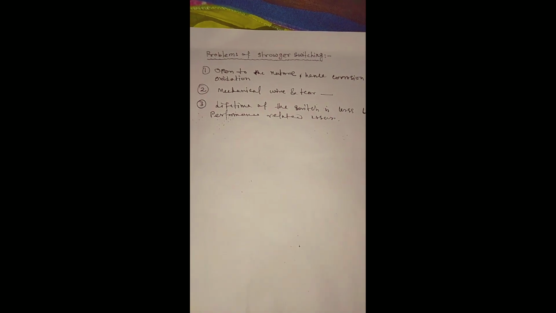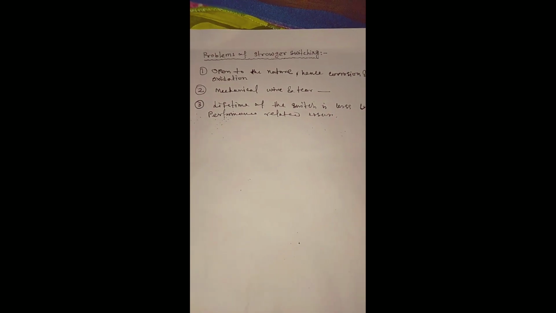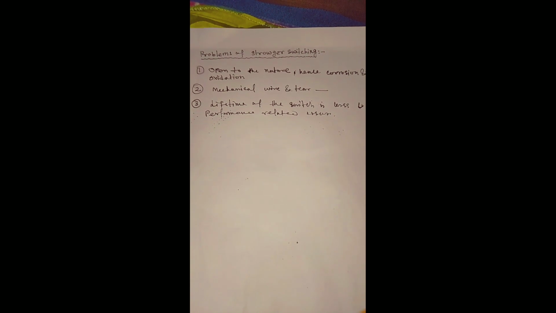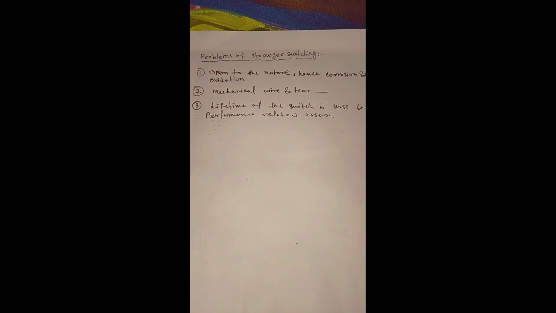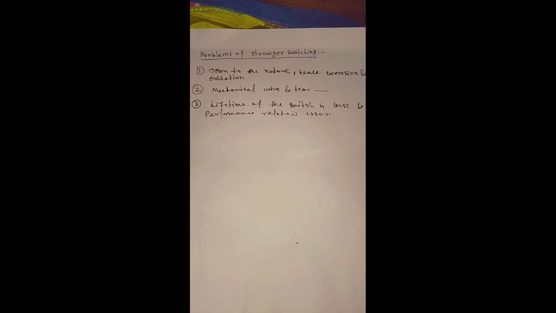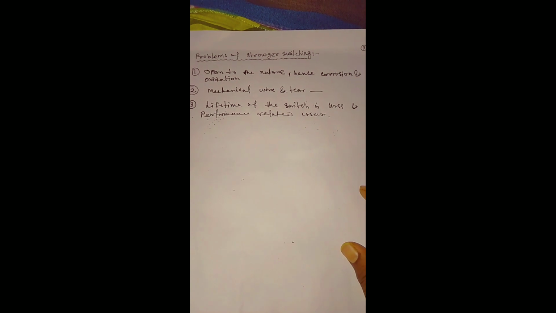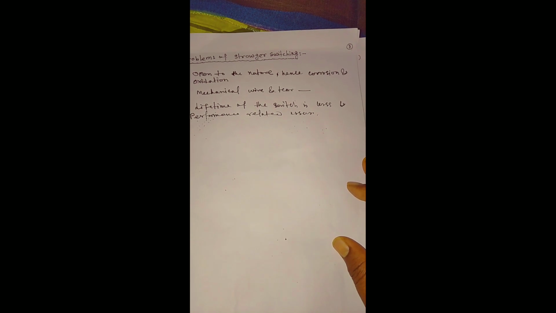Okay. So the problem with the Strowger switch is basically that this type of switch is open to nature. That means uncoated. This type of switch is basically uncoated. So natural phenomena like weather, having some moisture, will cause corrosion and oxidation as well.